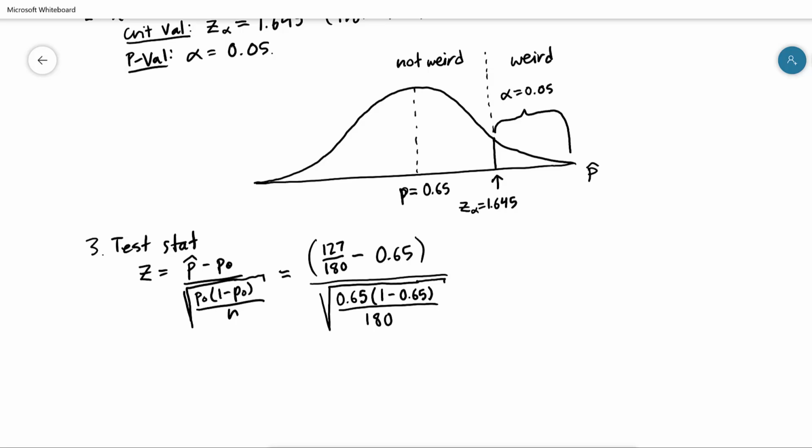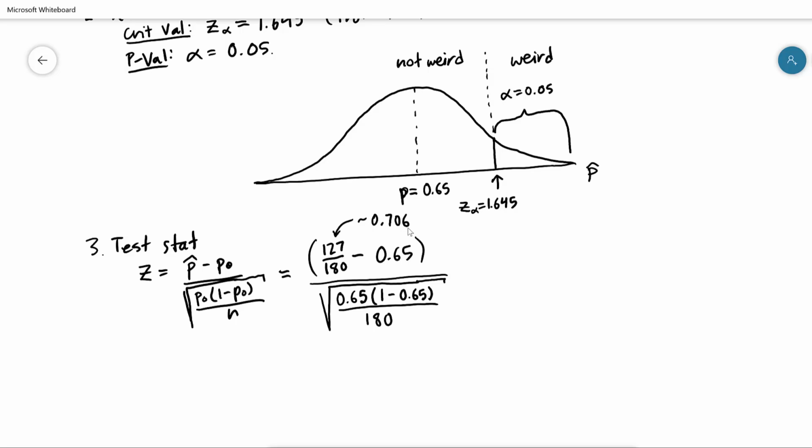Let's just check this number real quickly. If I were to convert that to a decimal, 127 out of 180, 127 divided by 180 is about 0.706, 705 repeating. So this is what I mean.